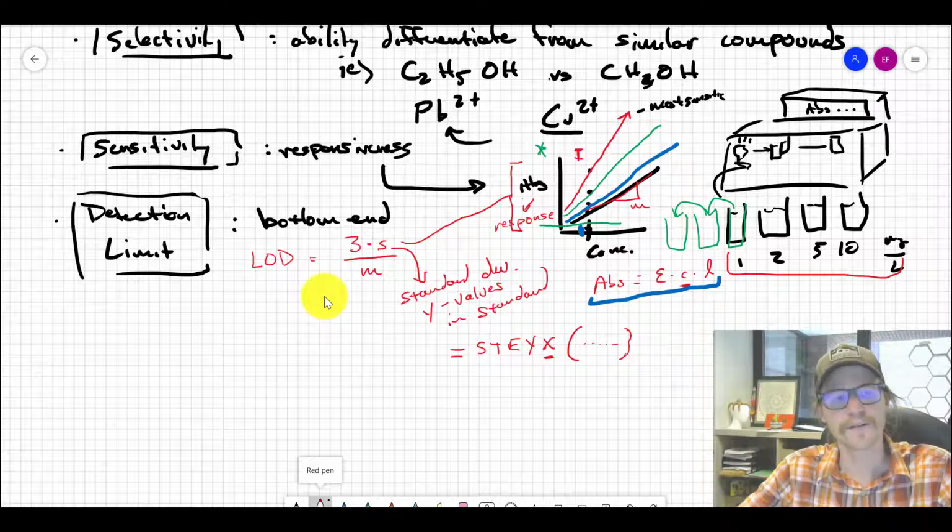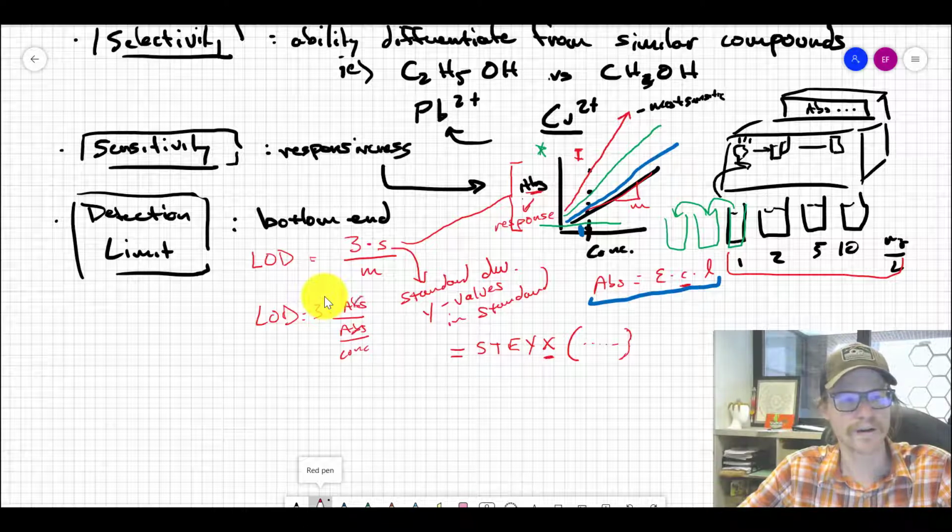Whatever the response units are, that's what we have here. So if you imagine the LOD, S is going to have units of whatever the response was, in this case absorbance. And then think about the units of M. This is rise over run, which will be absorbance over concentration. So we'll end up having LOD equal to 3 times something with units of absorbance over units of absorbance over concentration.